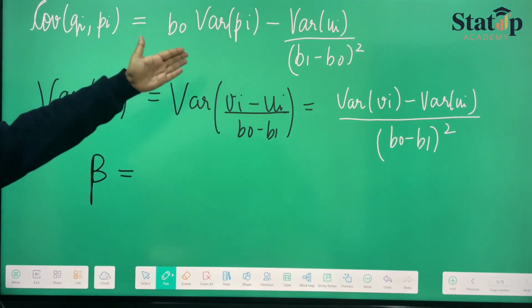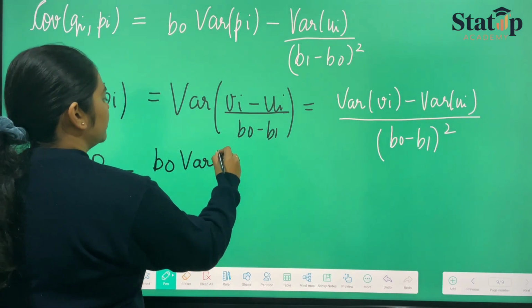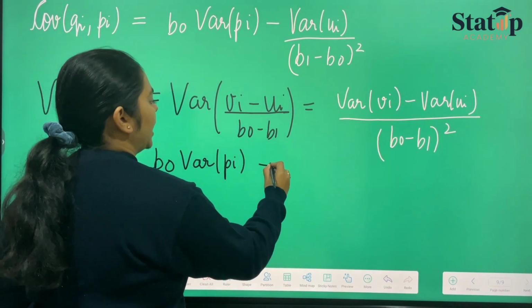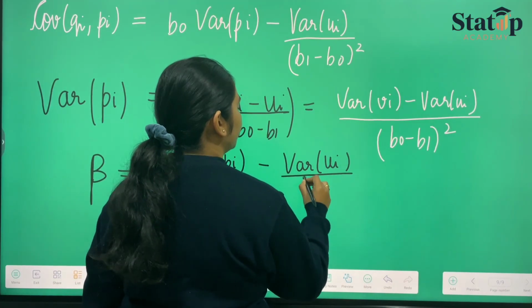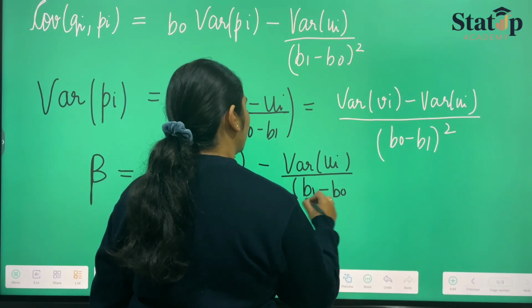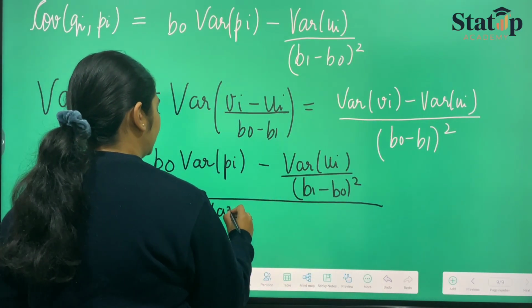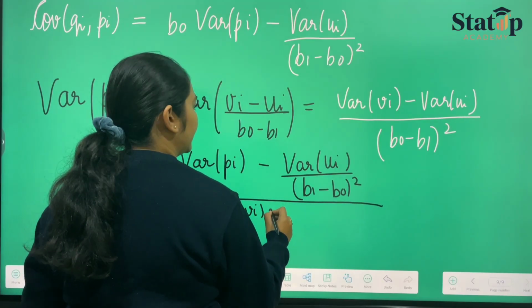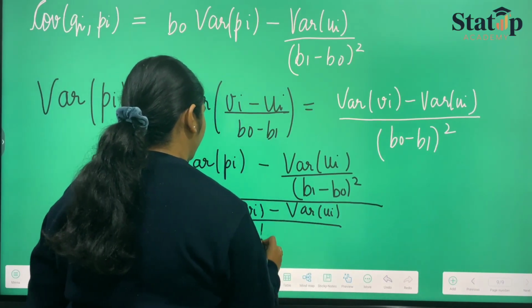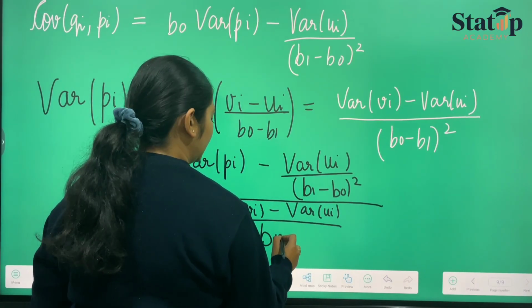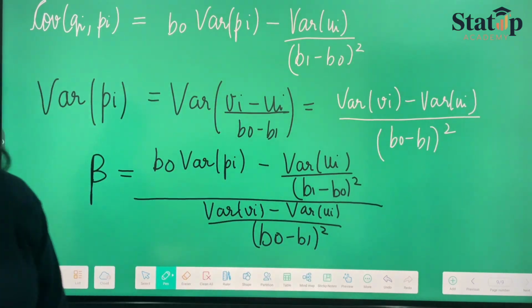So the covariance of Qi and Pi can be written as B0 variance of Pi minus variance of Ui upon (B1 minus B0) whole square, whole upon this variance of Vi plus variance of Ui upon (B0 minus B1) whole square.